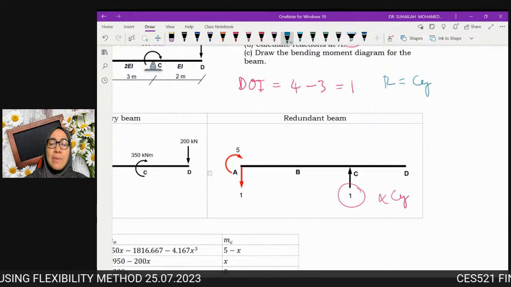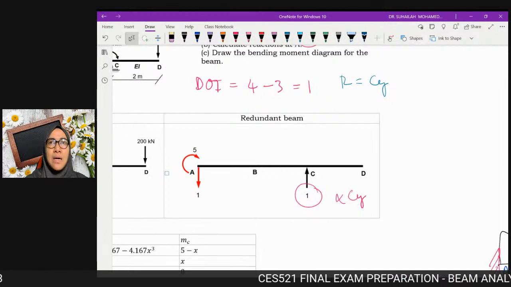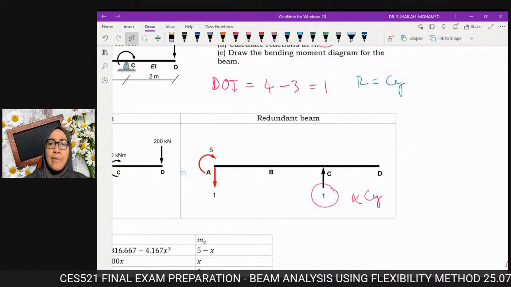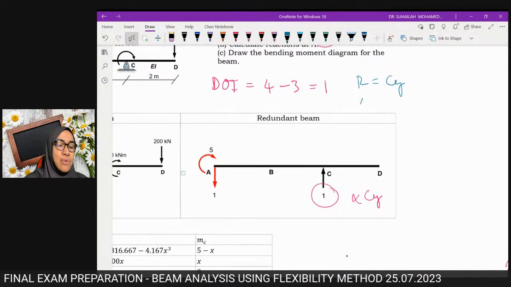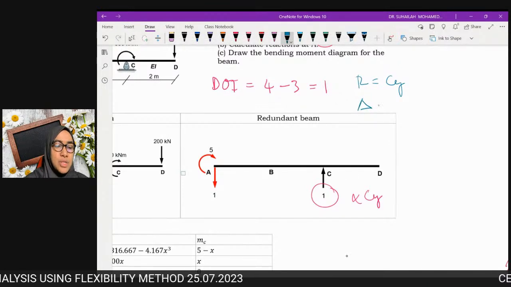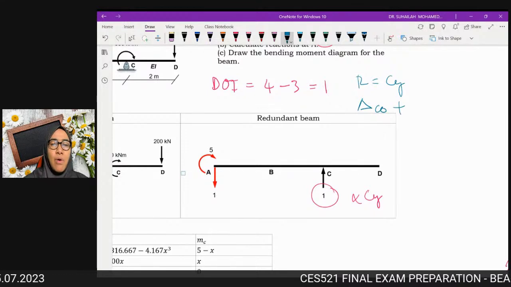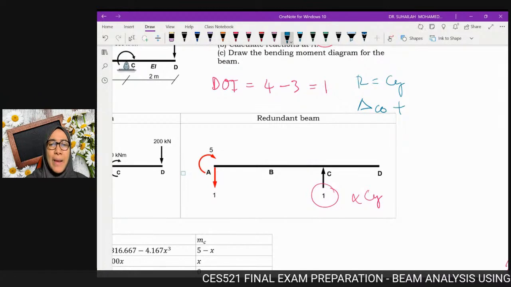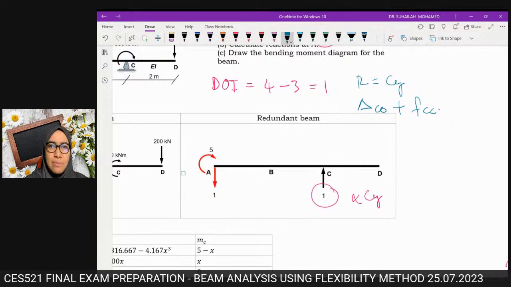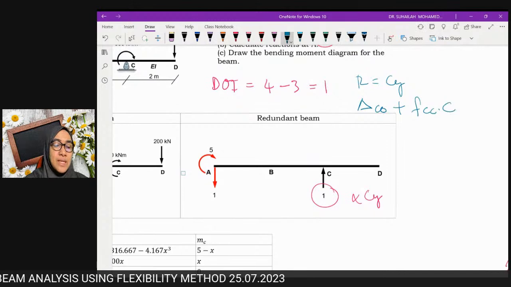In the compatibility equation, which is actually the displacement equation at the redundant position, we have to calculate the displacement at position C for the primary beam, with the naught symbol for the primary beam, and FCC is the displacement in the redundant beam due to a unit value of Cy.